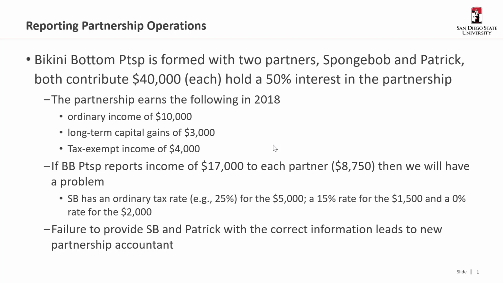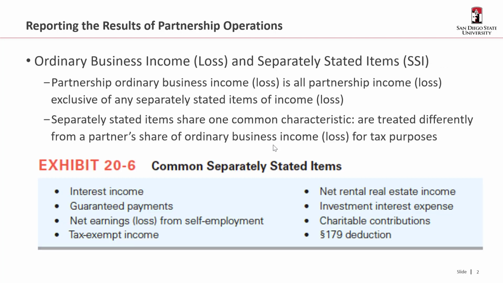So what happens is when we report partnership operations, we report ordinary business income and loss, and then we report separately stated items. Think of ordinary business income and loss as the residual after we've separately stated each other item.